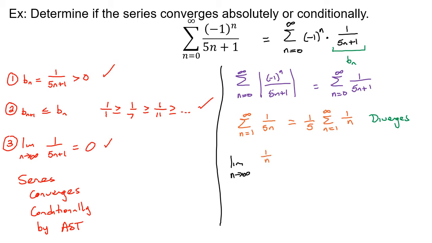So I could do the 1 over n divided by, or if you want to put the 5 down there, it doesn't really matter whether you put the 5 in or just the n, to the 1 over 5n plus 1. And so I get the limit as n goes to infinity of 1 over 5n times 5n plus 1 over 1.